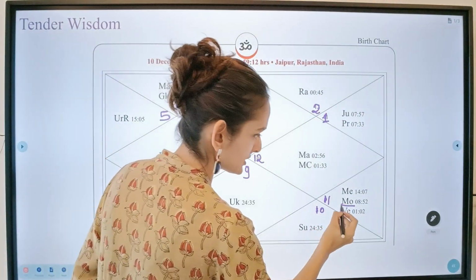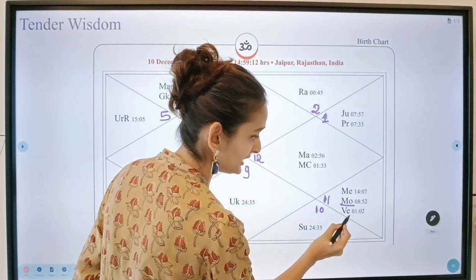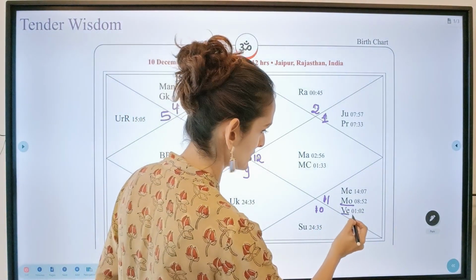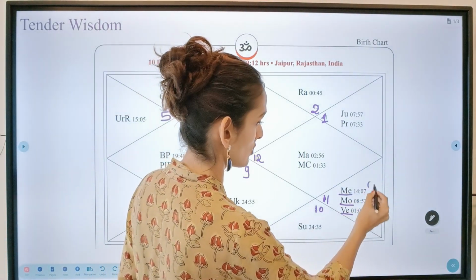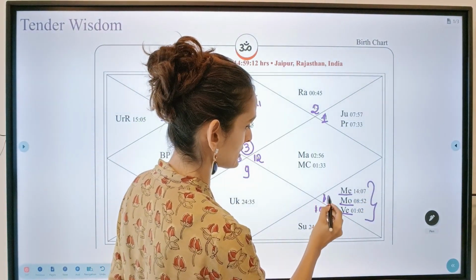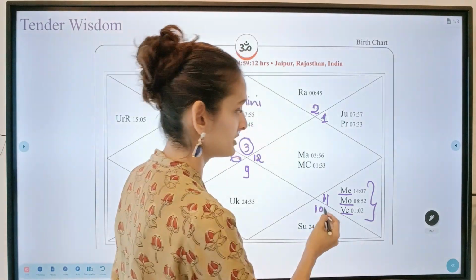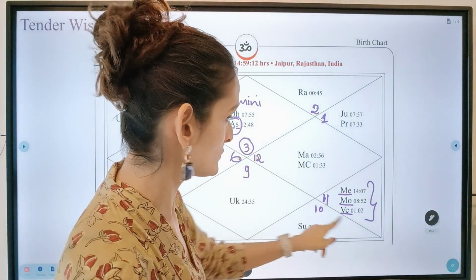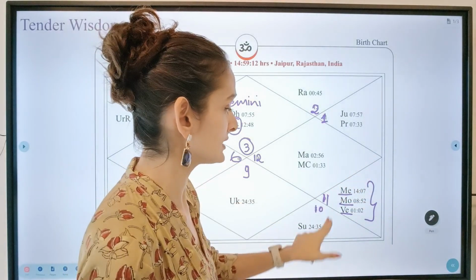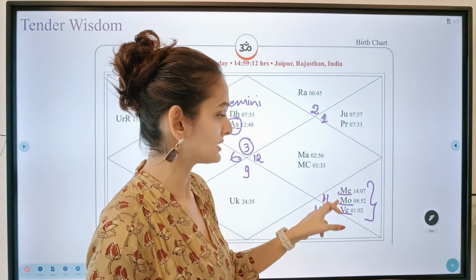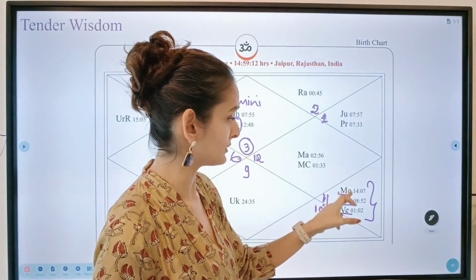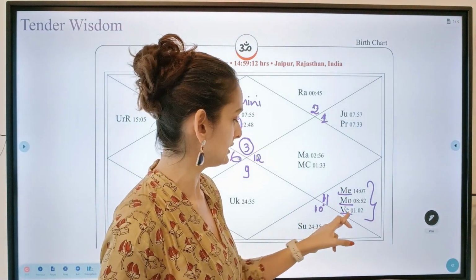So moon is here, MO is here, it's with VE, which is Venus. ME is Mercury, okay? So they're all sitting here in this number 11. Number 11 is Aquarius. So this becomes your 9th house, and in the 9th house you have the zodiac sign of Aquarius, and you have these 3 planets sitting here, which is ME Mercury, MO Moon, VE Venus.